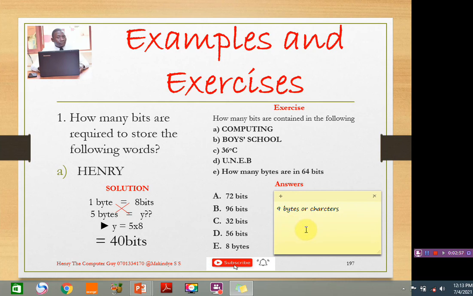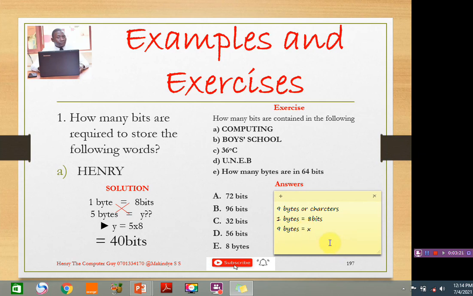But remember, each byte consists of 8 bits. So we say that 1 byte equals 8 bits. Then when we come down here, what about the 9 that we have counted? 9 bytes will give us, let's say, x. We don't know what we are looking for, that's why we are looking for it.